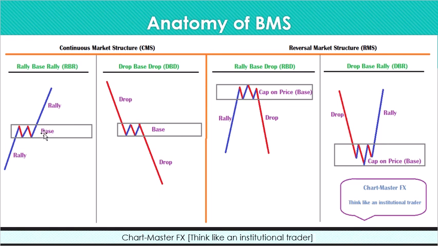Here we can see an example where the market is rallying up and it created a base. On that consolidation, that's where we say the market has got its base. So this is an example of an RBR: rally, base, rally.